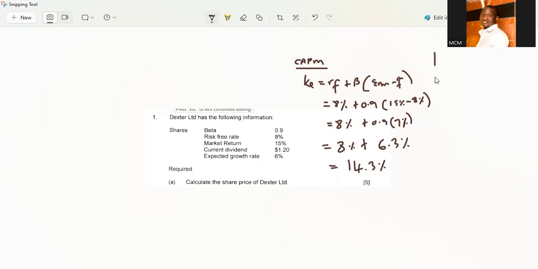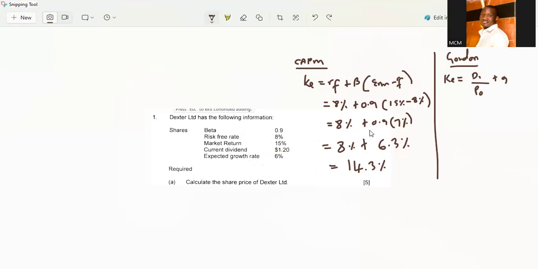So who can help us calculate the cost of equity using Gordon's model? What's the formula for Gordon? So equity using Gordon's model is D1 over P0 plus growth. Dividend, you should be careful which one has been given.